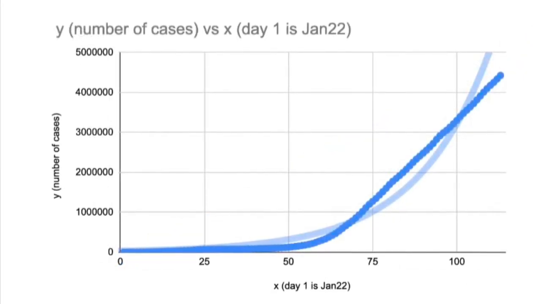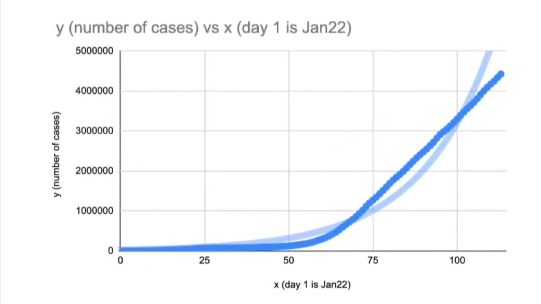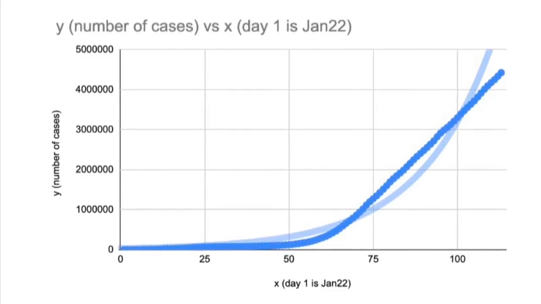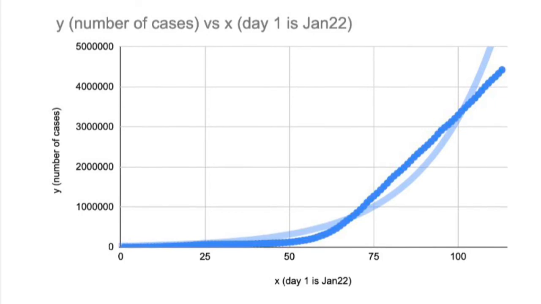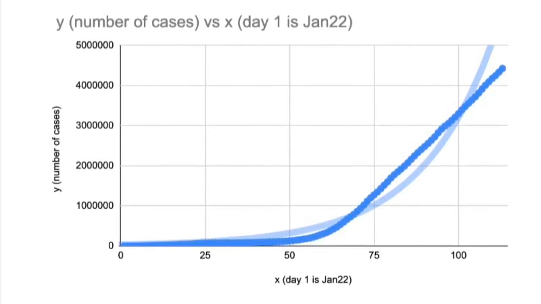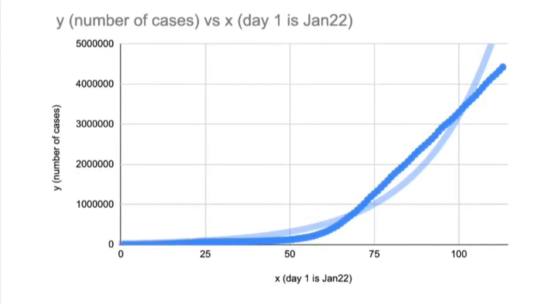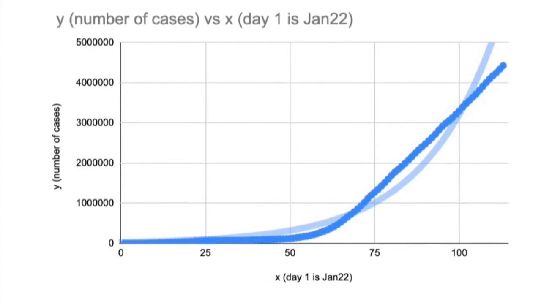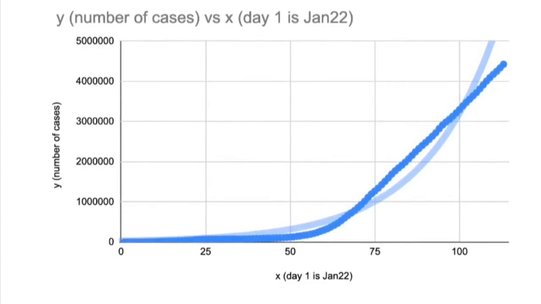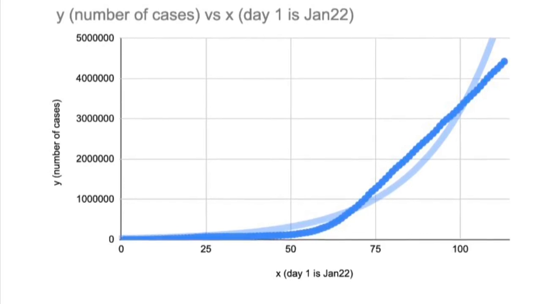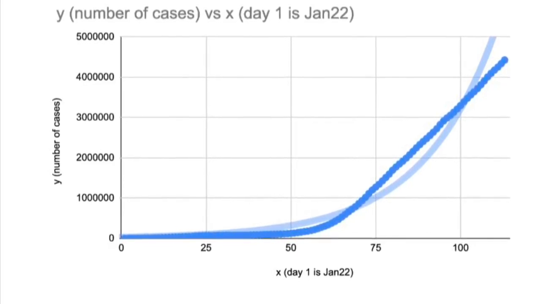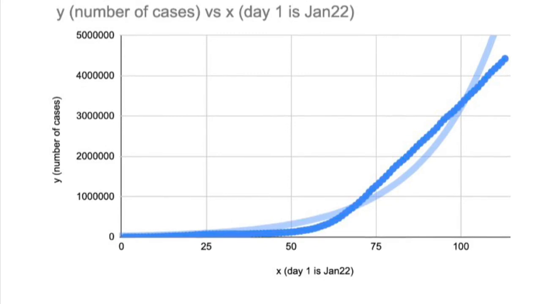So what I've done is I've gone online, I've searched up the data, and I found the world's cases of coronavirus infection starting in January until now in May. And you'll see that data, it's the dark blue curve. And so what I want to show you is that the dark blue curve is what's happening, and the light blue curve is actually an exponential function.